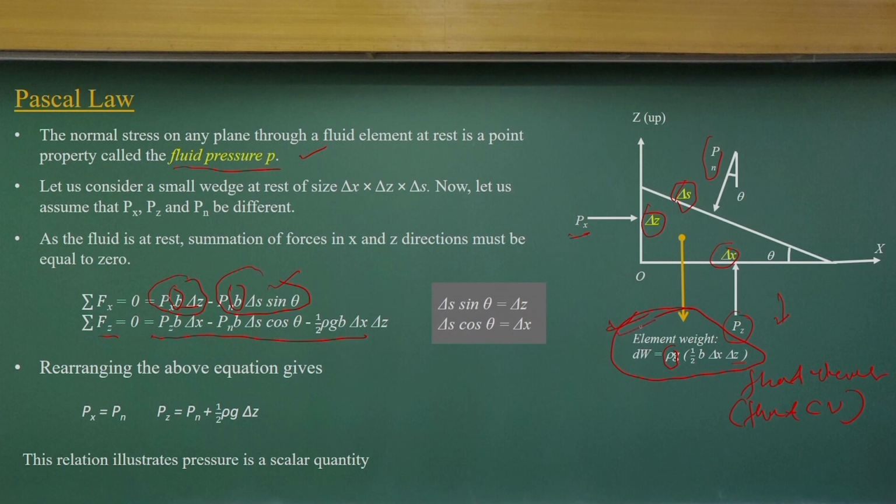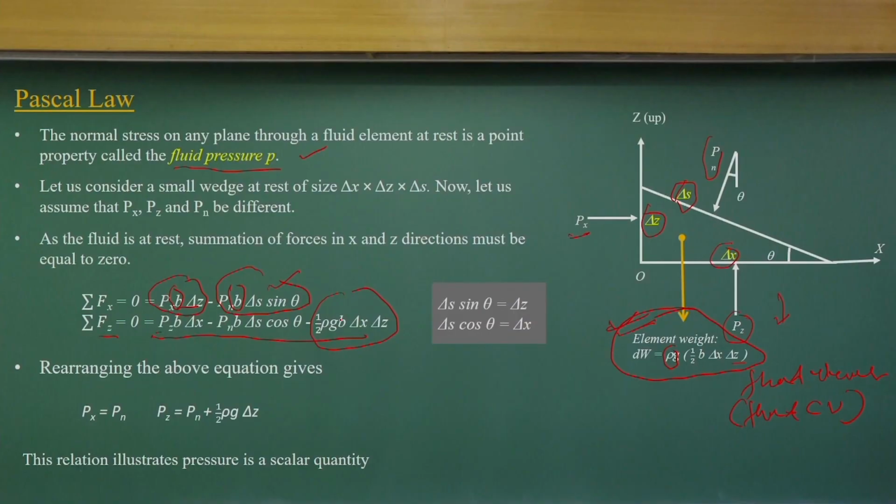So, you get the element weight, and we have the force components that we have resolved. We have just considered this fluid element at equilibrium conditions. That means the force is equal to 0, the scalar force components in the x direction and z direction are 0, and we resolved the pressure into force components in the x and z directions. Not much different.